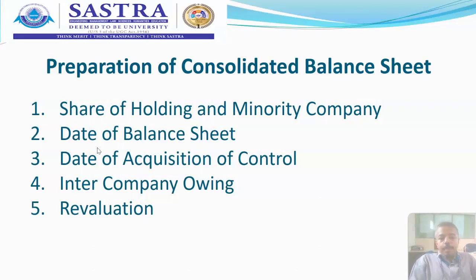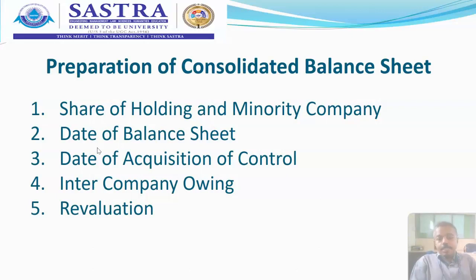If the amount paid by the holding company for the shares of the subsidiary company is more than its proportionate share, we all learned this during acquisition of business itself. You remember that when a company acquires some shares, we call that the purchase consideration.